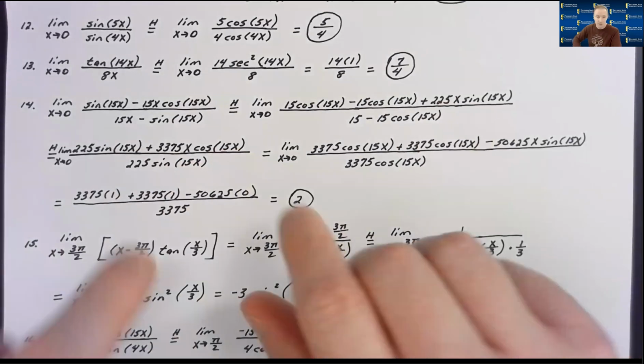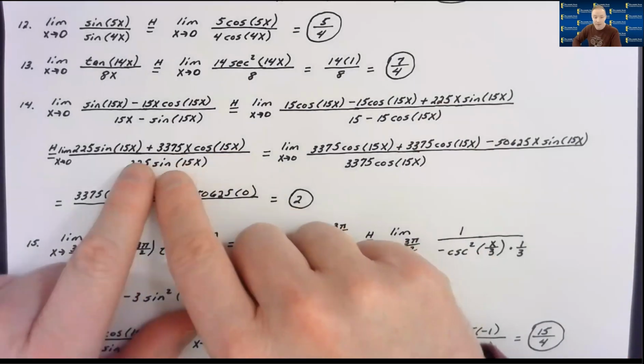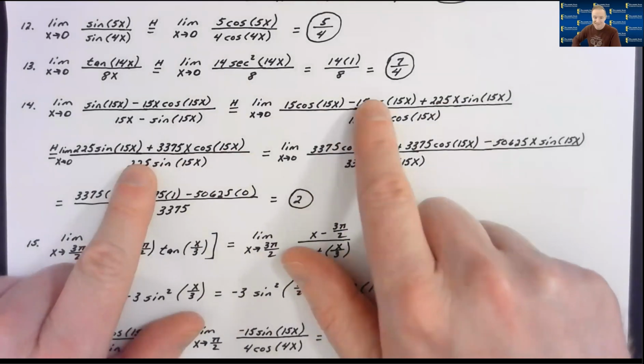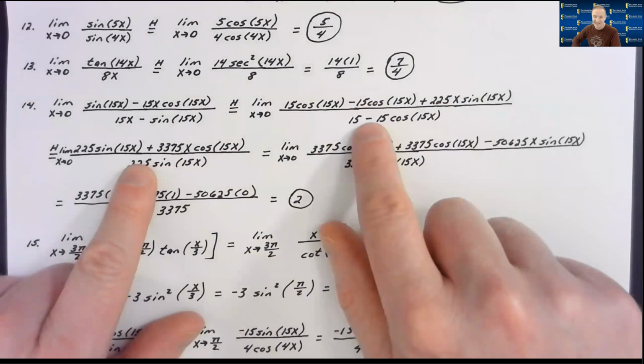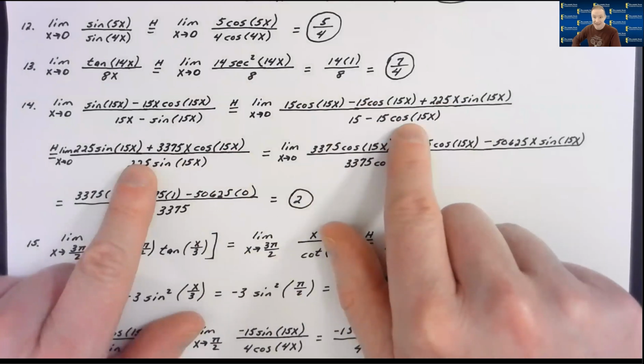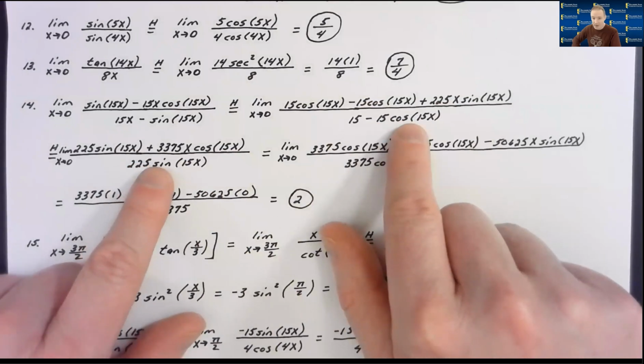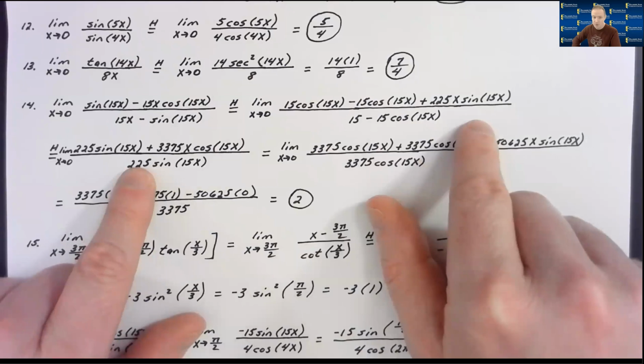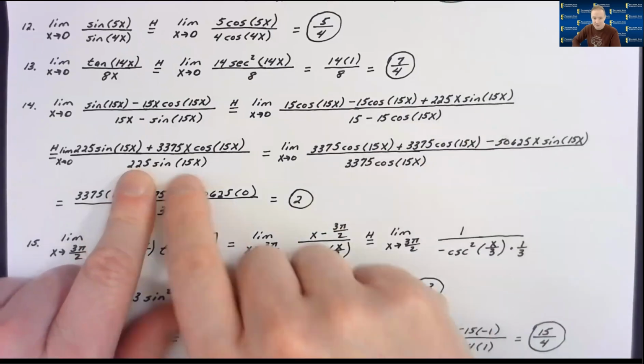But no, it's correct. Now, my denominator, when I took the derivative of this, derivative of the first term, 0. Derivative of the second term, it's a negative cosine. Derivative of negative cosine is going to be positive sine. You'd get 15 sine of 15x times 15. That's where the 225 came from, 15 times 15.